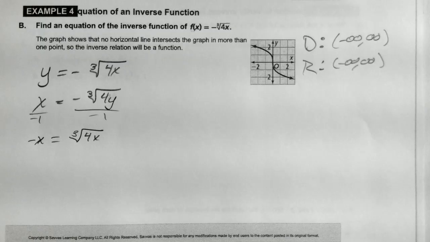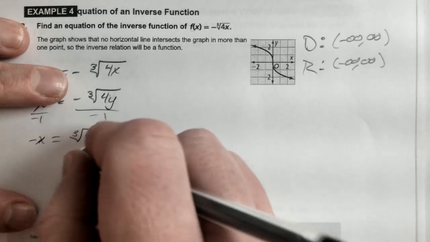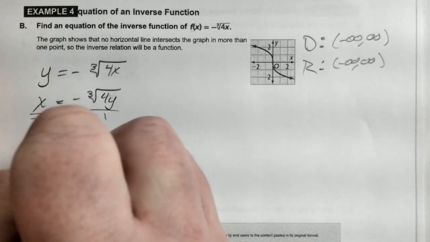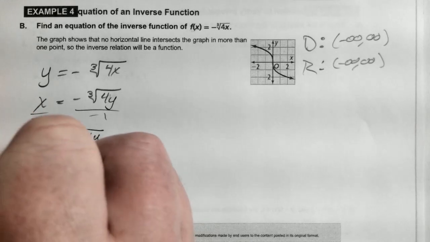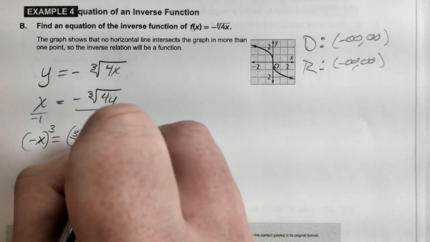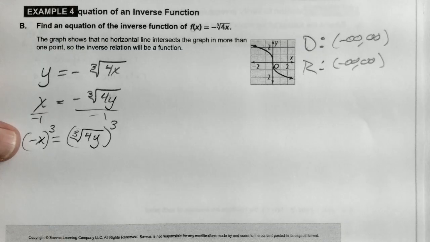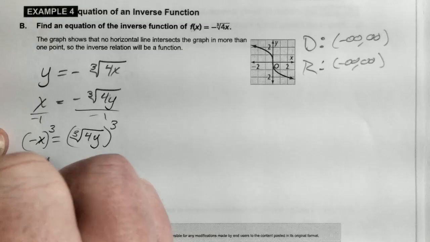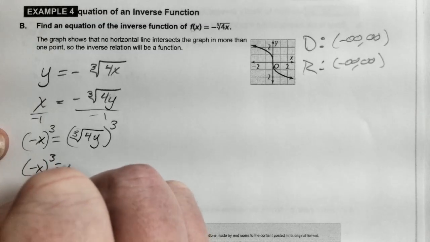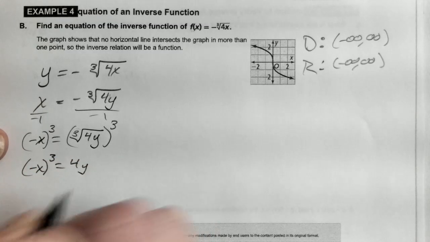What are you going to do next? I'm going to make both sides the power of the index. Our index is a 3, so we're going to cube both sides. Good job. So that means that -x cubed is equal to 4y.